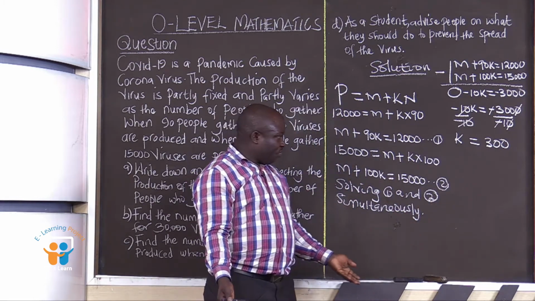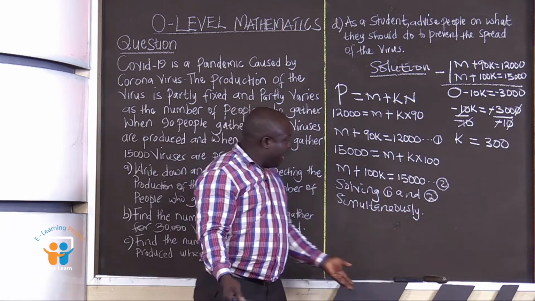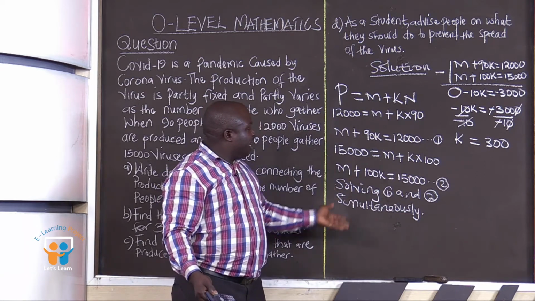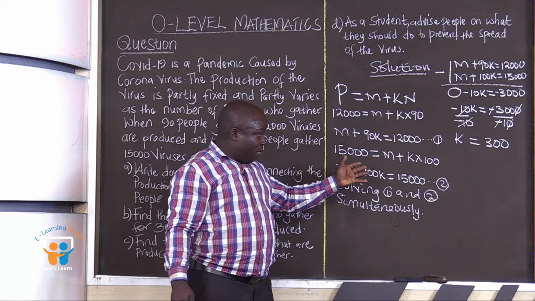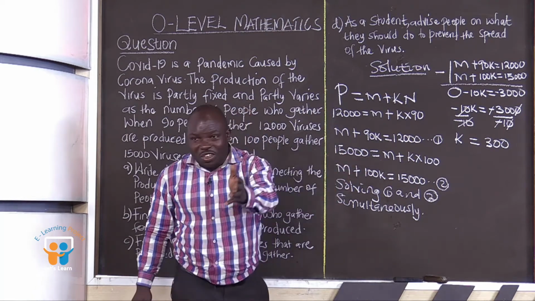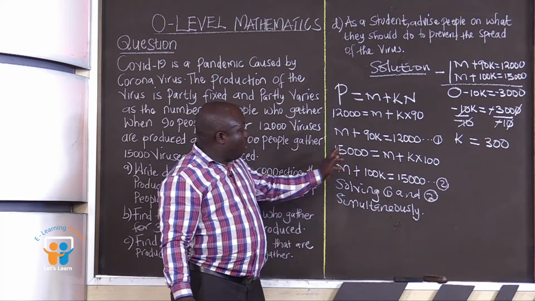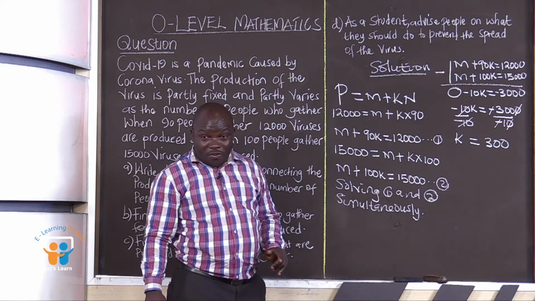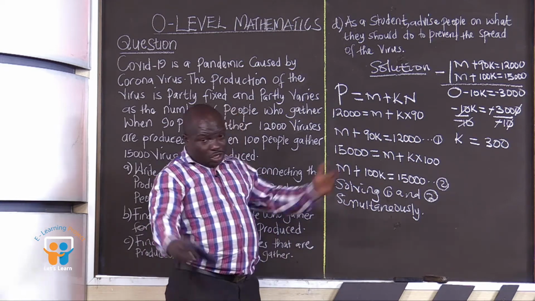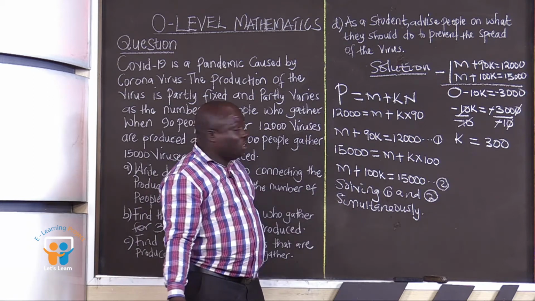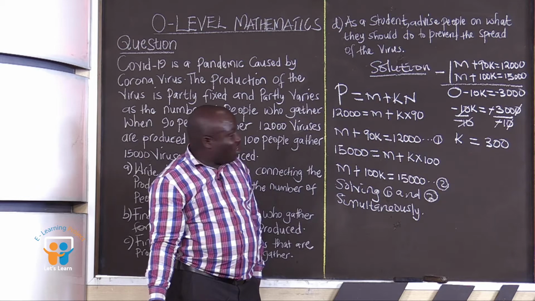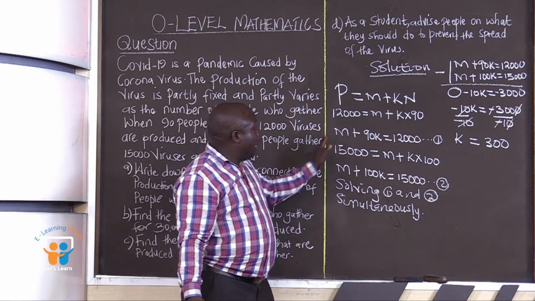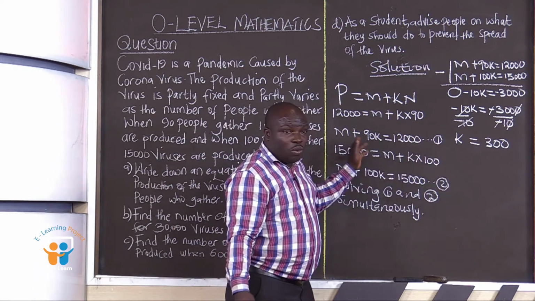Now, having got a value of k, we are free to substitute for k either in equation 1 or in equation 2. We shall be able to get the value of m finally. Which equation should we use? Joel, you are saying we use equation 1. Okay, let's substitute for k in equation 1.